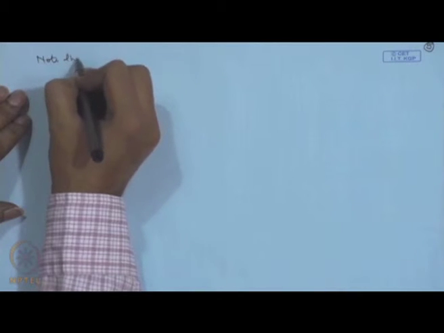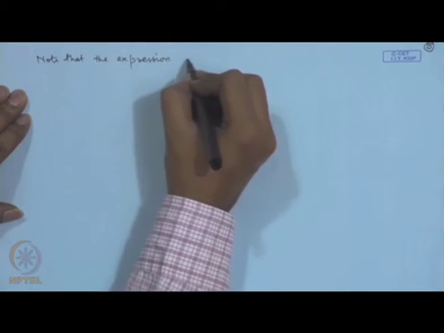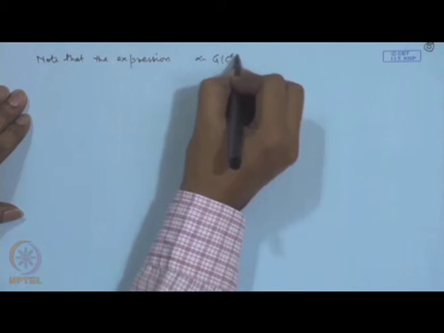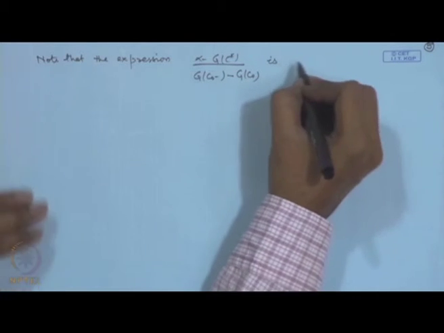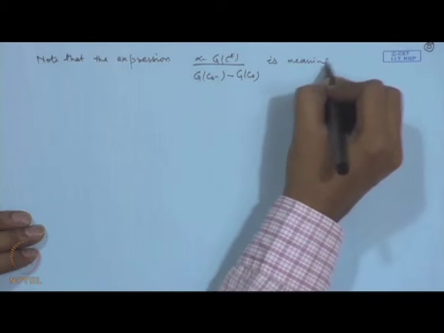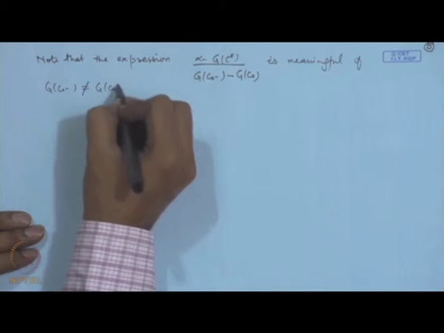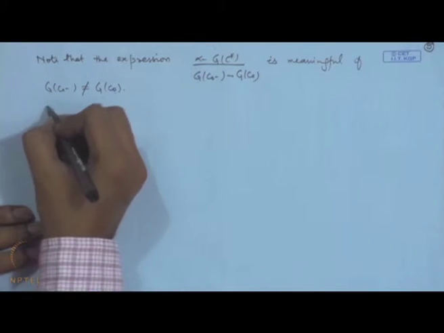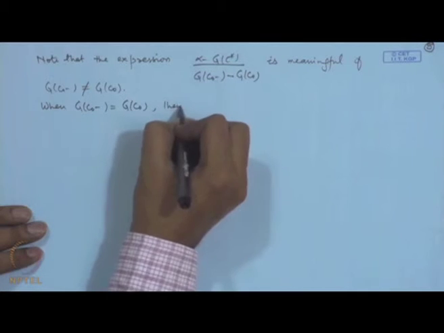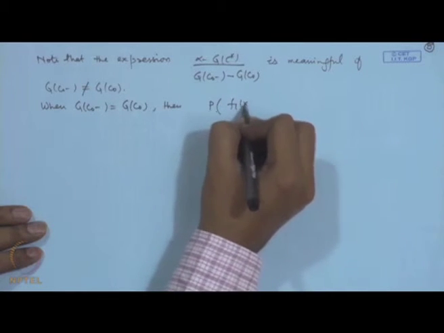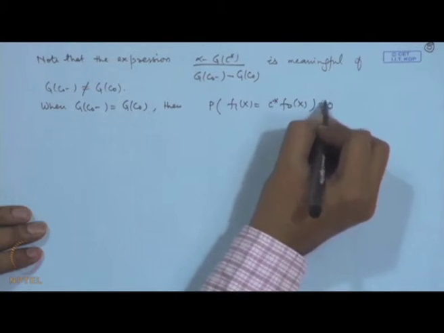Note that the expression alpha minus G(c star) divided by G(c star minus) minus G(c star) is meaningful if G(c star minus) is not equal to G(c star). When G(c star minus) is equal to G(c star), then the probability that f1(x) is equal to c star f naught(x) is equal to 0.